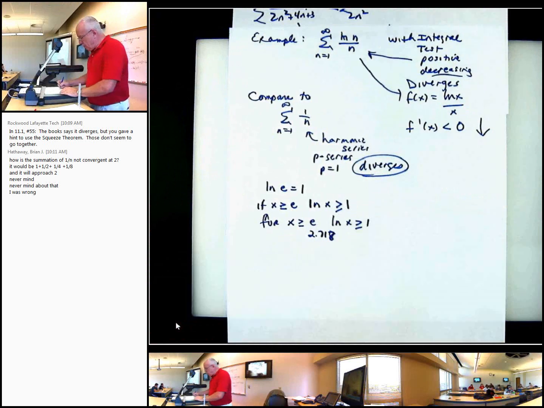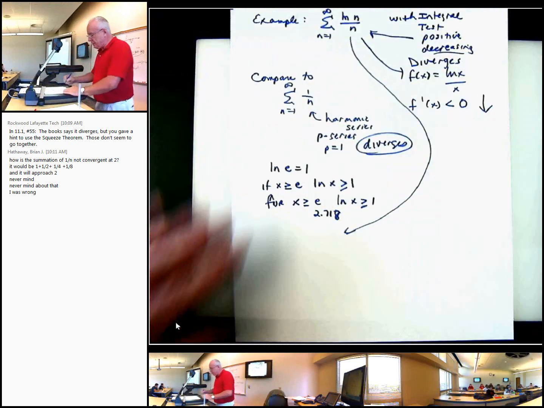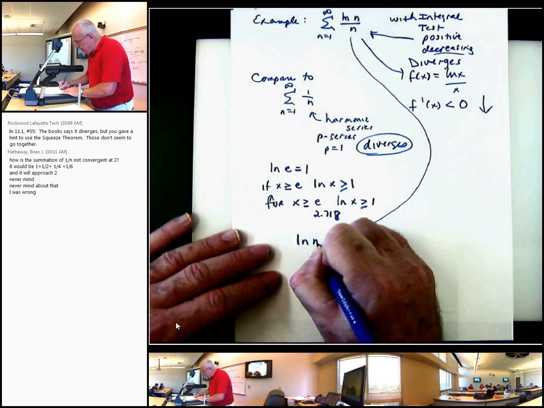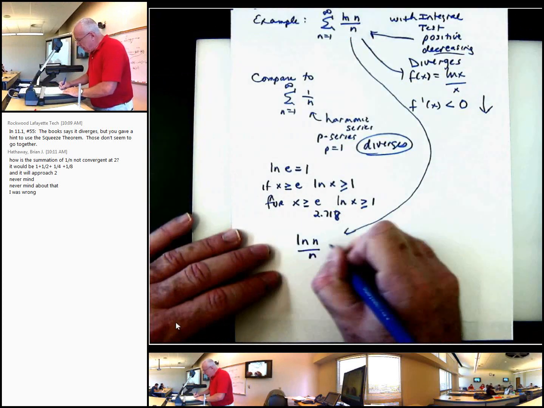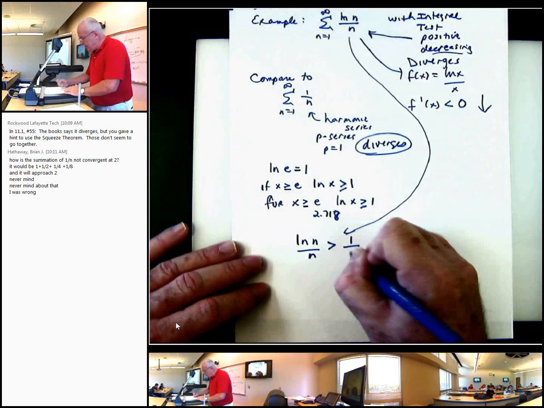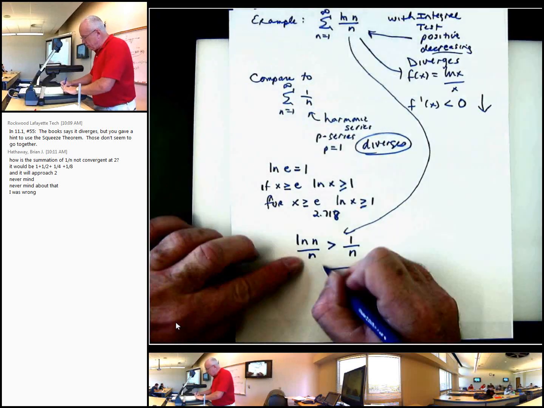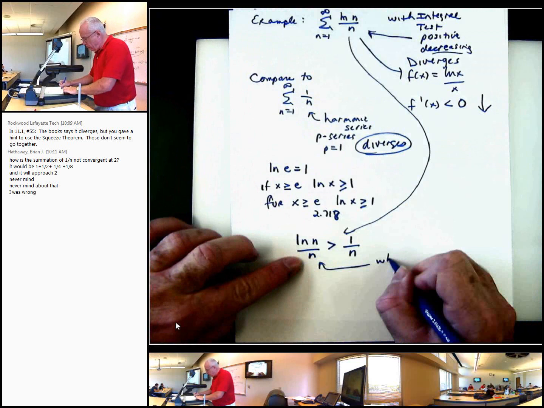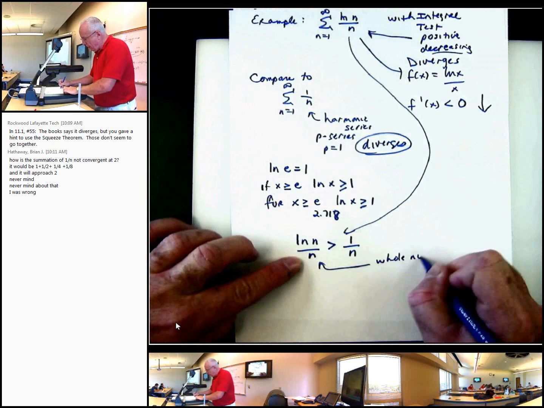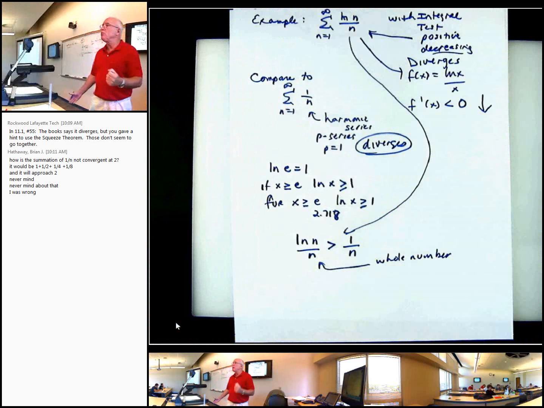So therefore, let's go back to our series then. So the ln of n over n is going to be bigger than 1 over n. Now, n has to be a whole number. We know if x is bigger than 2.718, we're okay.